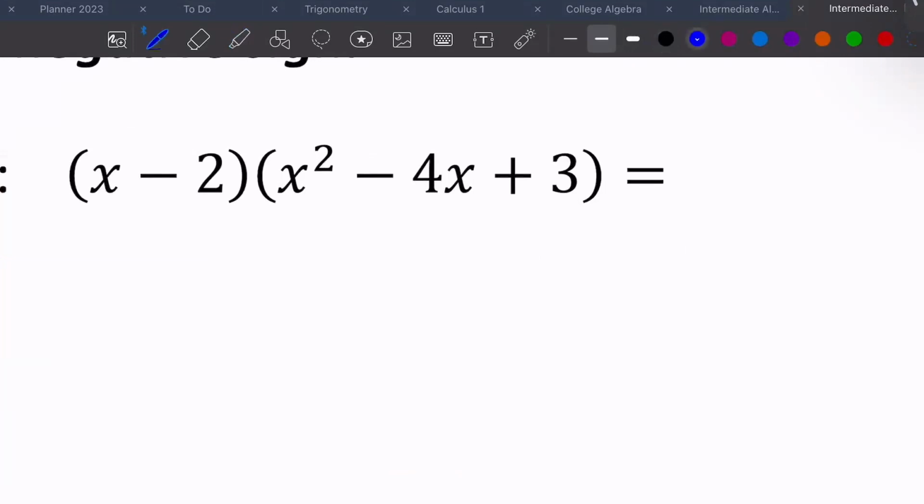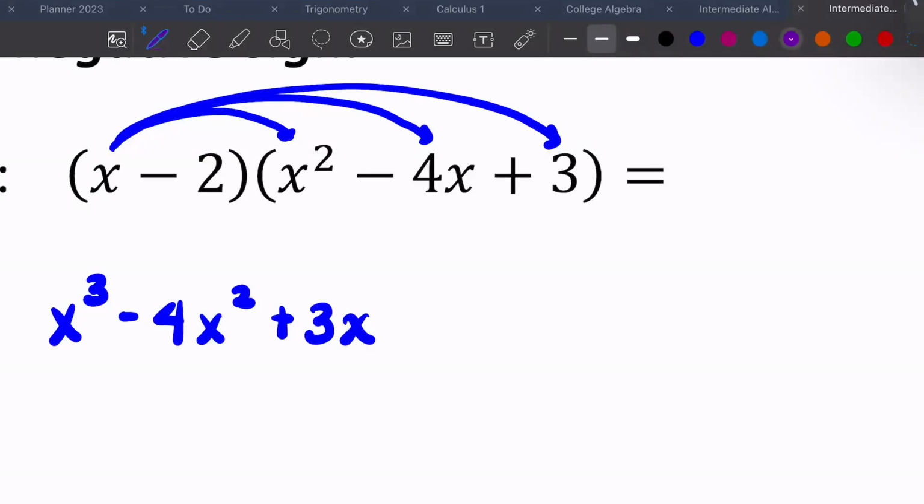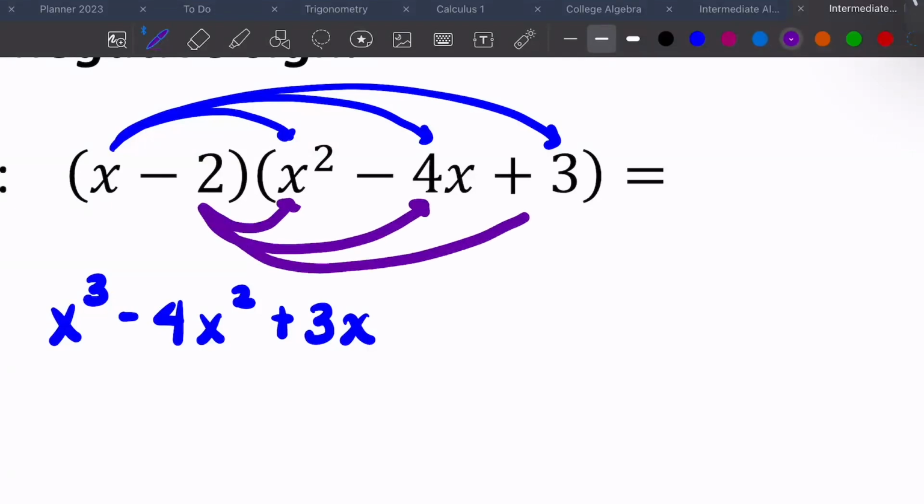Here's another example. We're going to do this first, right? We get x cubed minus 4x squared plus 3x. That was the first step. Now we're going to distribute the second term in that parentheses.